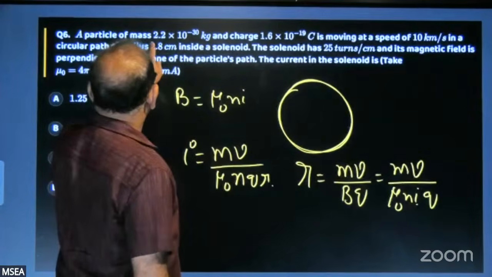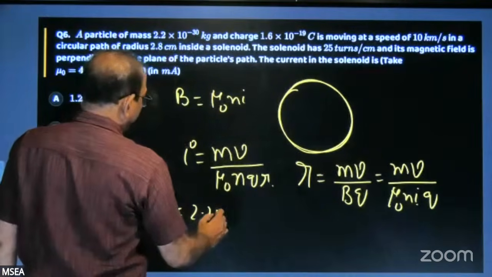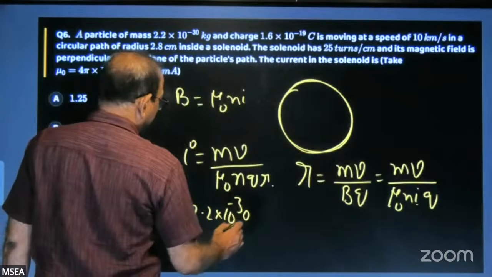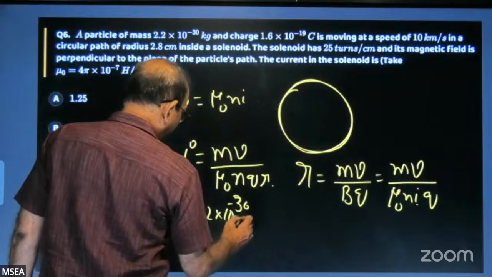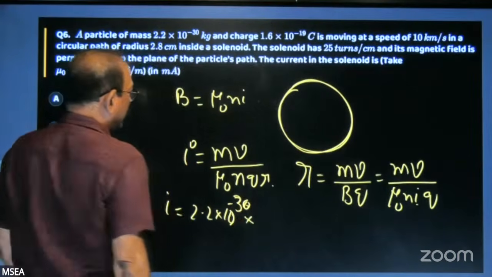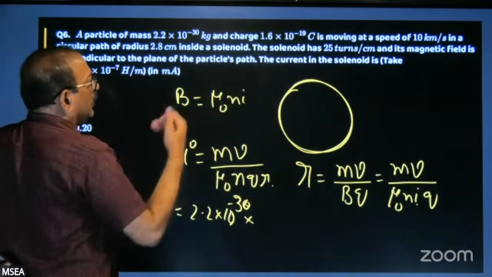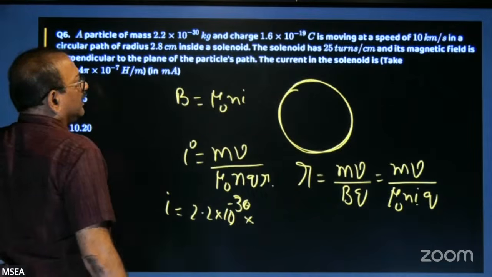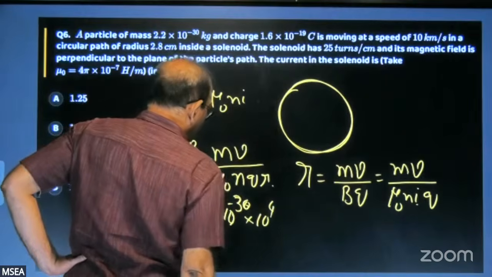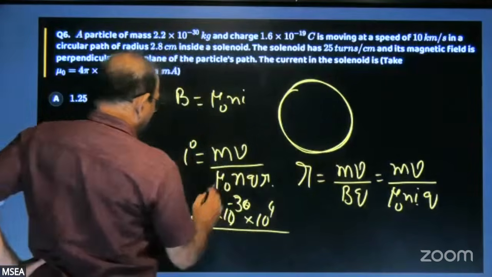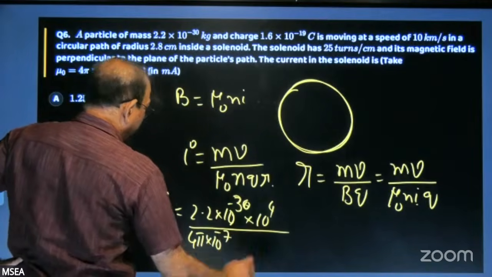Now substitute. The mass of the particle is 2.2 into 10 power minus 30 kg, SI unit given. Velocity is 10 kilometer per second; you have to substitute in meter per second, 10 into 10 power 3. Mu naught value is 4 pi into 10 to the power of minus 7.